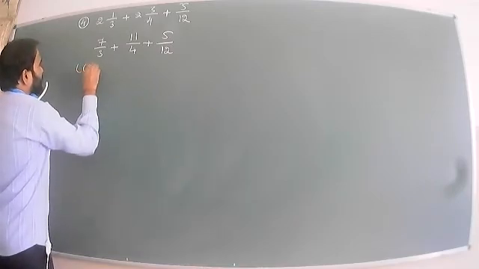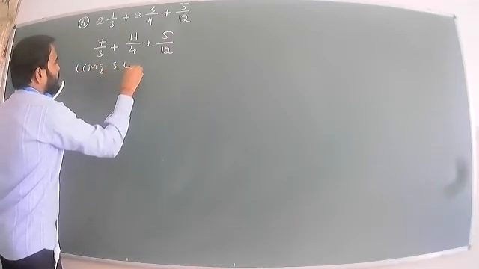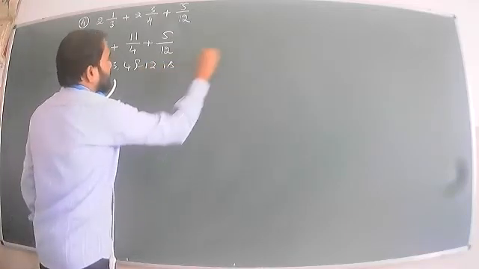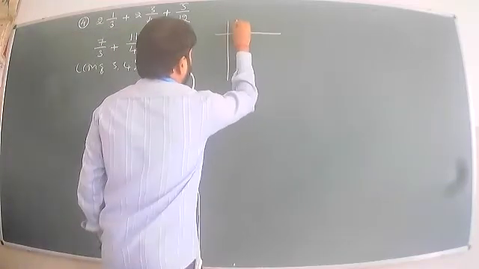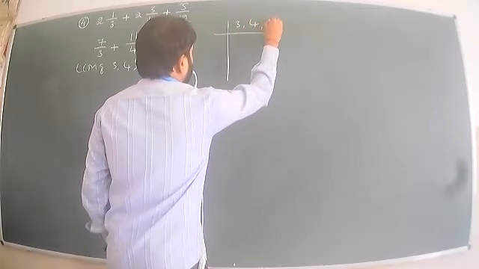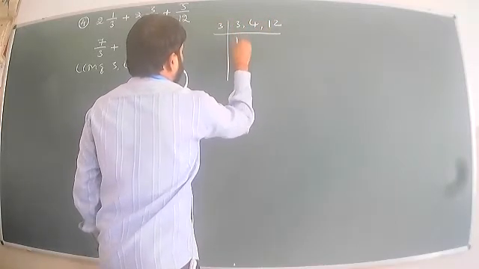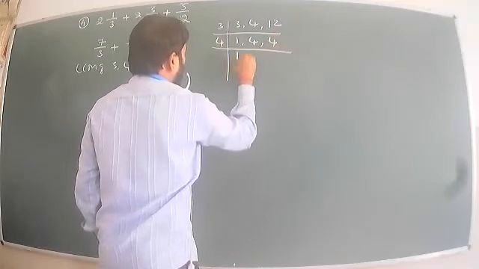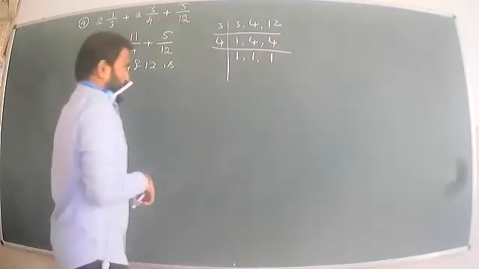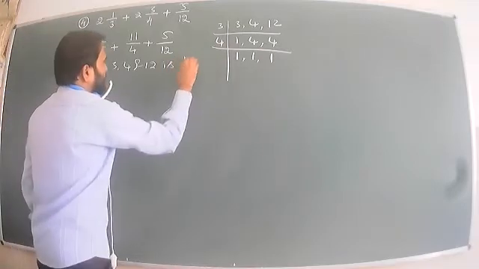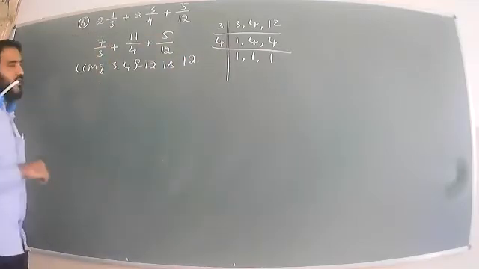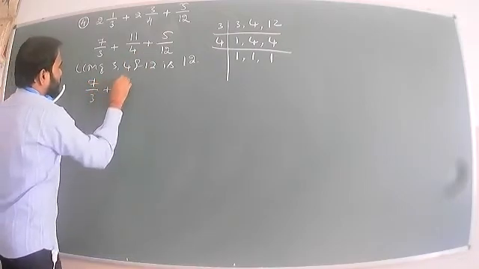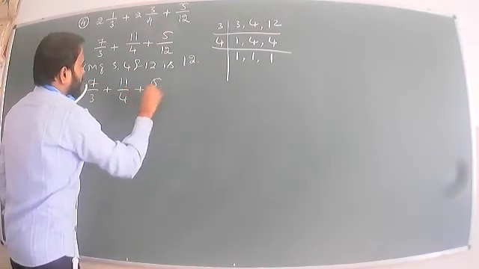Take the LCM of 3, 4 and 12. 3 ones are 3, 4 we write as it is, then 4 ones are 4. So the LCM is 12. Now we have the LCM. Write the question one time: 7 by 3 plus 11 by 4 plus 5 by 12.